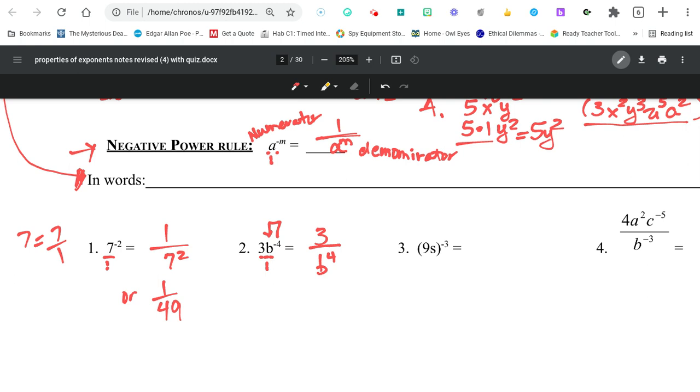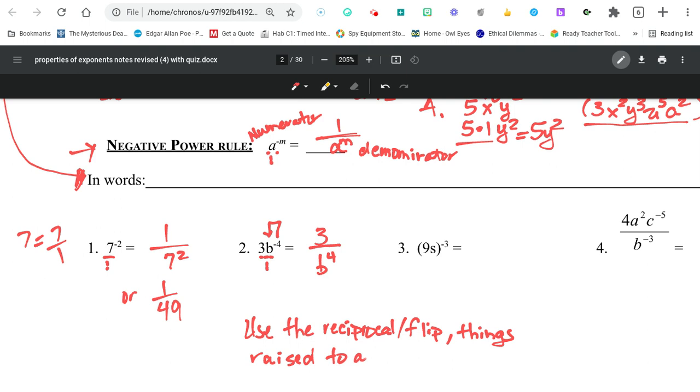The only things I need to flip are those that have been raised to a negative exponent. Everything else you just leave alone.